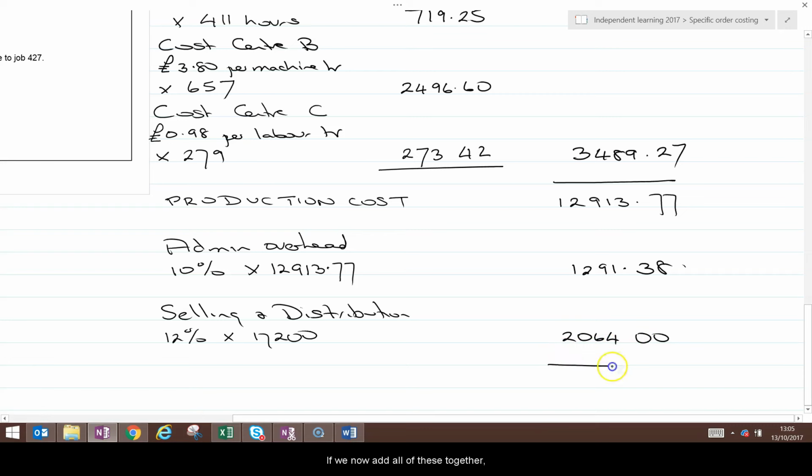So if we now add all of these together, we have the total cost of job 427, £16,269.15.